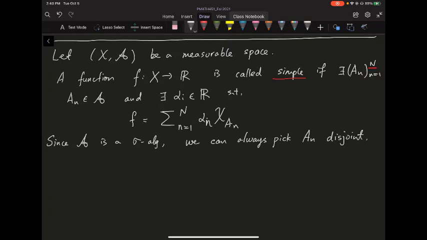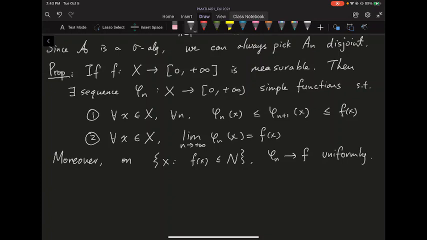All right, so the goal of this video is to prove the main result of this section, essentially showing that every measurable function is a limit of these simple functions, and a limit in a very nice way. So I'm going to state the main theorem. This is the main result we are trying to prove in this video.